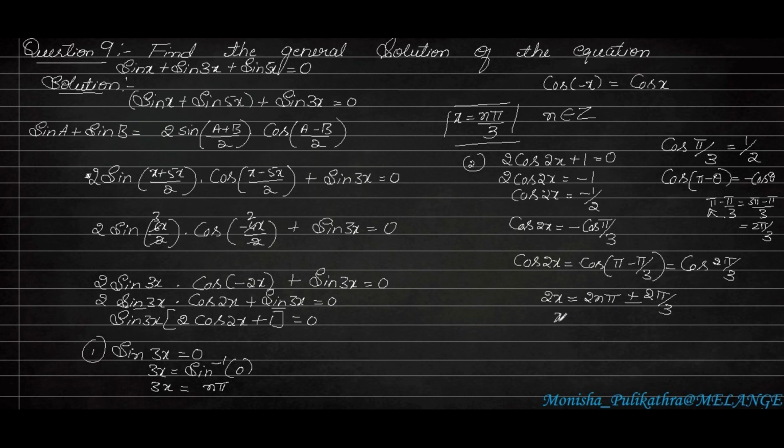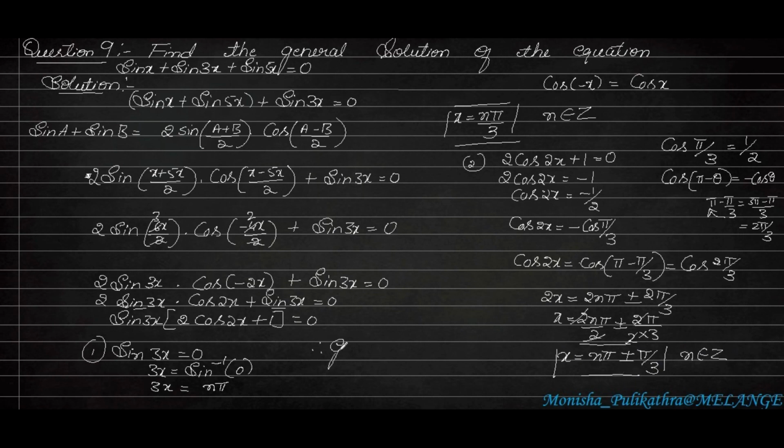So next we have to divide it by 2. 2n pi divided by 2 plus or minus 2 pi by 3 divided by 2. So here 2 and 2 get cancelled. So the general solution will be n pi plus or minus pi by 3, where n belongs to Z. So this will be the second equation.